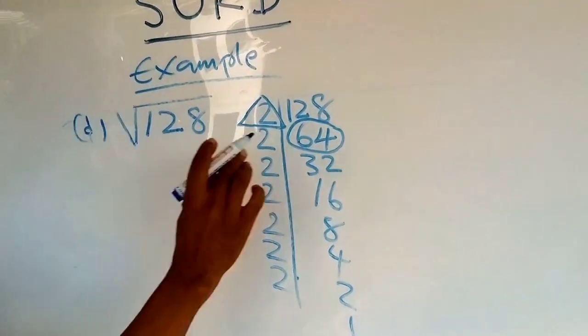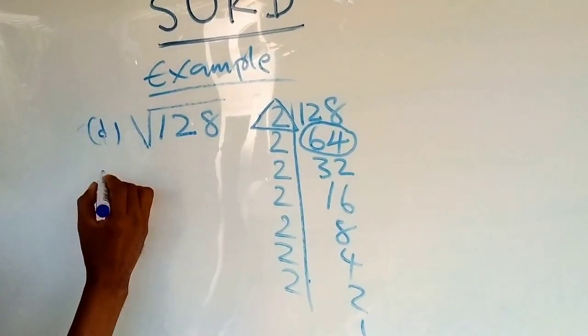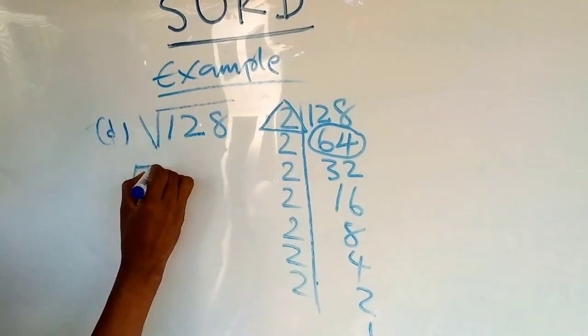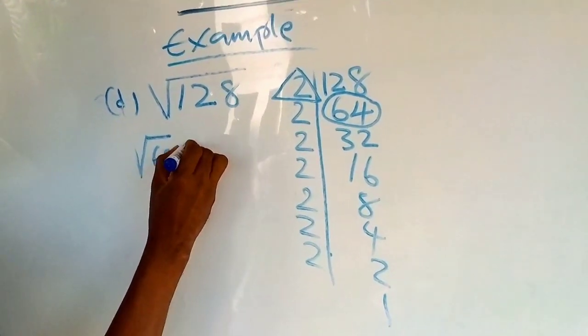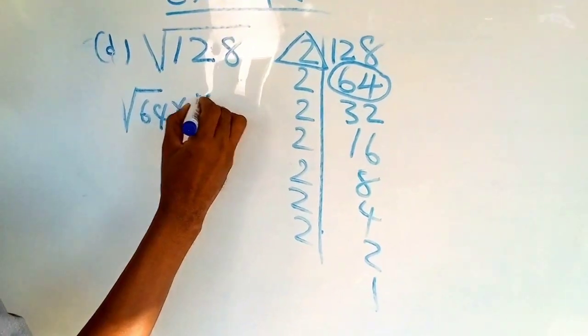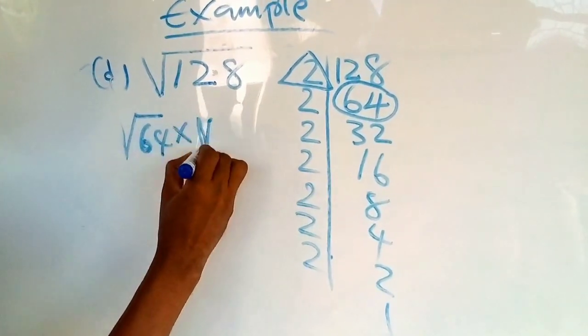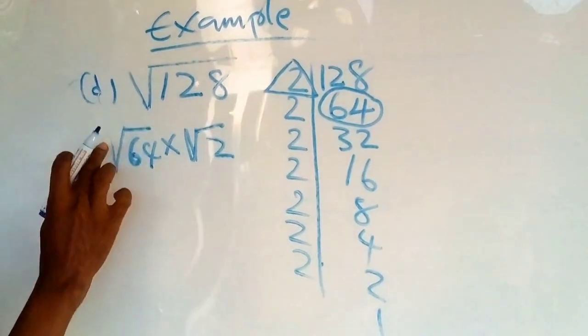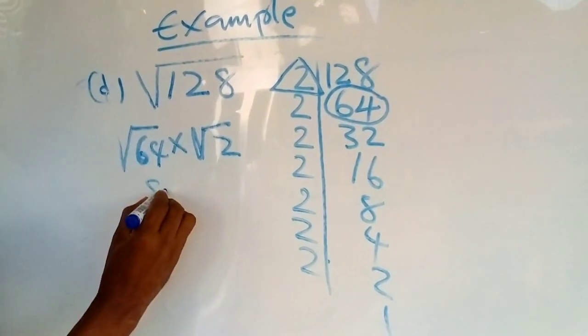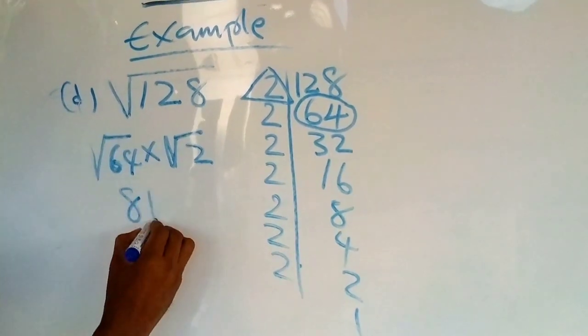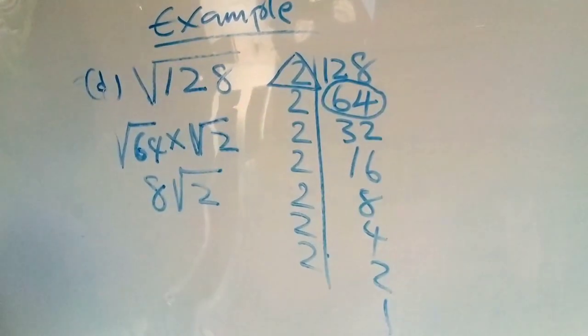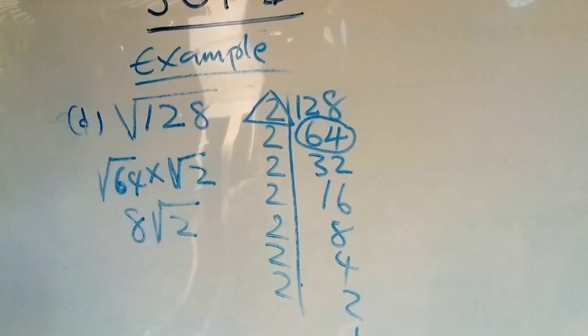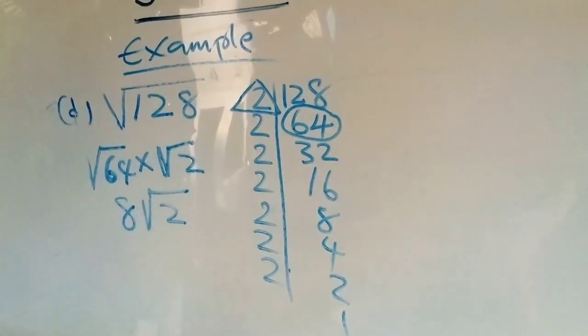So without much ado, this can be split into square root of 64 times surd 2. And 64 square root is what? Simple. 8. So the answer is 8 surd 2. Simple. So no matter how big the number is, this method works.